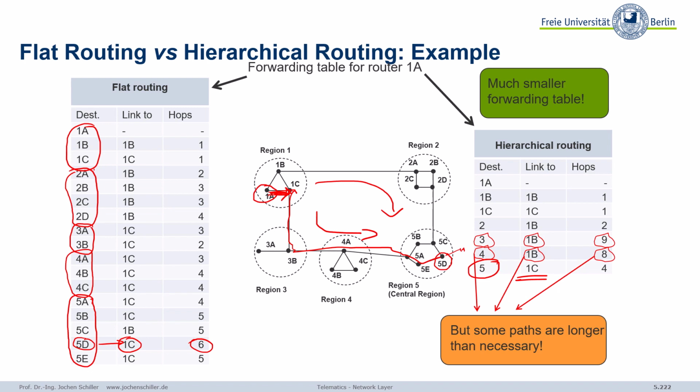So, and then we decide for one of these paths to reach the region 5. And this might be not the shortest paths. So maybe the paths are longer. Yes, but because it scales better, we do hierarchical routing in the internet. We cannot do flat routing. That doesn't scale. So we have to aggregate. Yes, maybe we sacrifice sometimes the optimum here, but that's the only way to handle it.